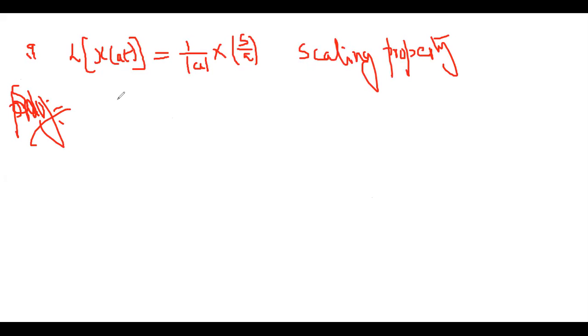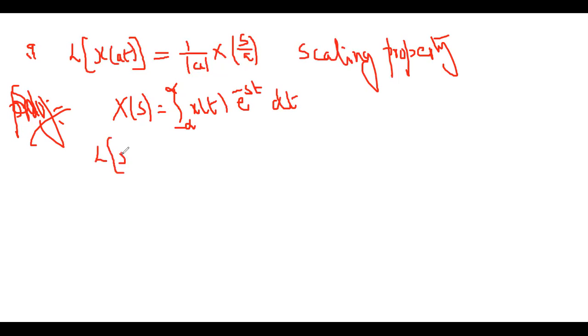You have the definition of the Laplace transformation: X of s is equal to the integral from minus infinity to infinity of x of t e power minus st dt. We need to find the Laplace transformation of x of at, which is the integral from minus infinity to infinity of x of at e power minus st dt.